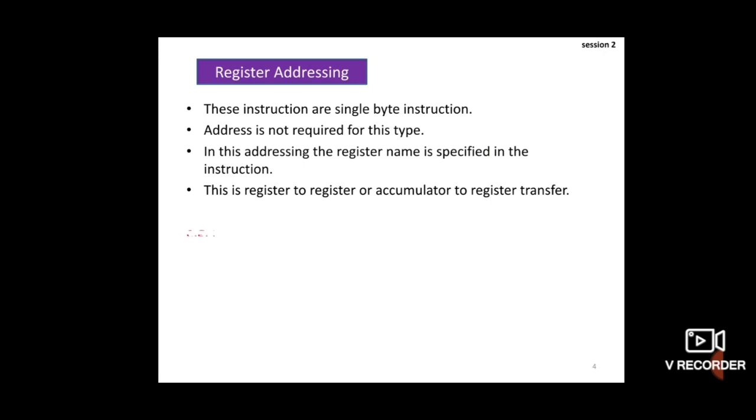Means all transfer instruction group, that instruction mostly comes under register addressing mode. Now see the example. MOV A, B. A means accumulator. A and B are general purpose registers. So A is the accumulator, B is a register. Here, move the content of the B register to A. Is data specified? No. Is address specified in this instruction?